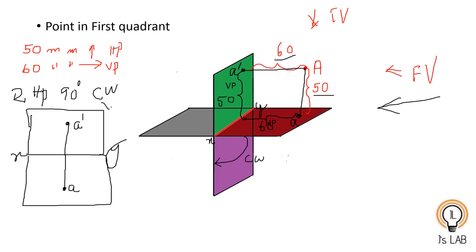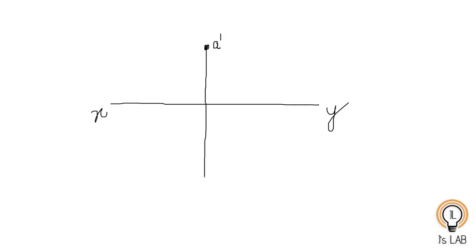This is the orthographic projection, or in another way you can put it like this. First you draw the XY line, and above the XY line you mark a point a dash, and 60 mm below the XY line, you mark a.